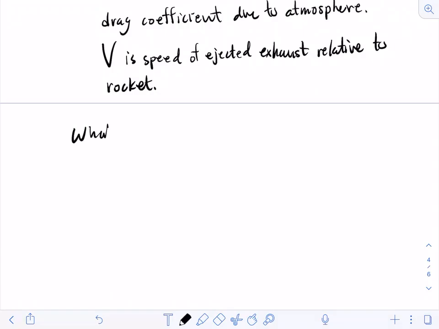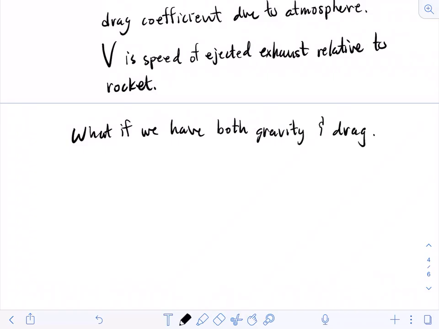So what if we have both a drag force and a gravitational force? What if we have both gravity and drag?